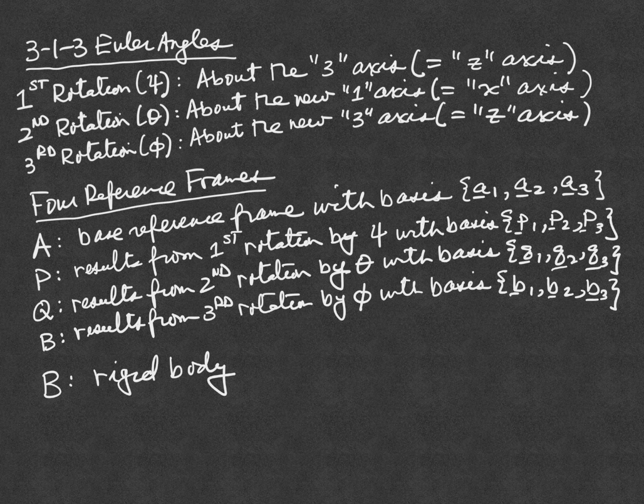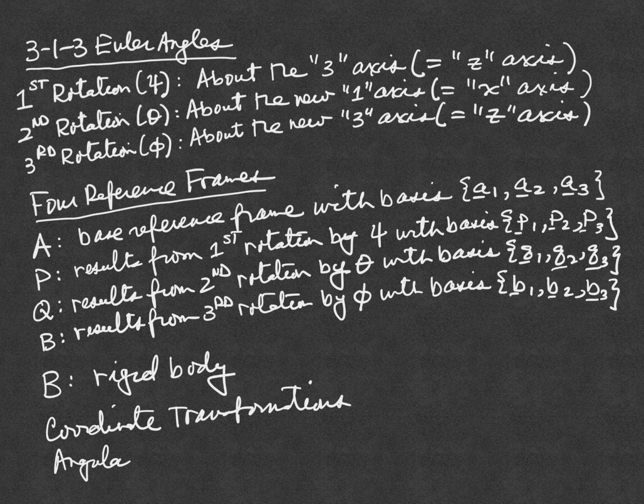Now, in order to be able to understand where this all goes, ultimately we want the following to come out of this Euler angle sequence: we want the coordinate transformations and we want the angular velocity omega BA.